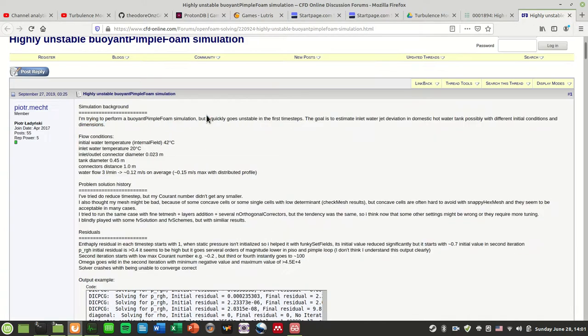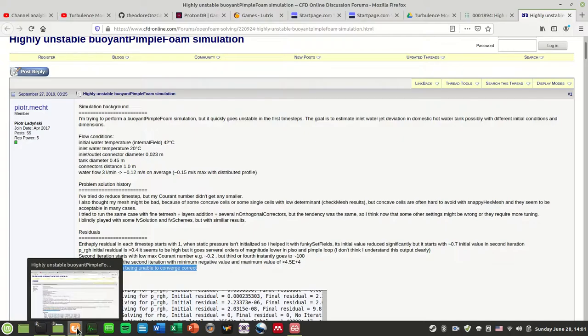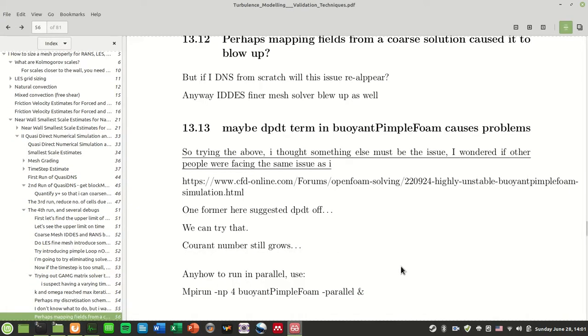So yeah, you have this Courant number problem again. The solver actually crashes without being able to converge. So I tried to eliminate the dp/dt term as an issue, but over here you see the Courant number still grows.